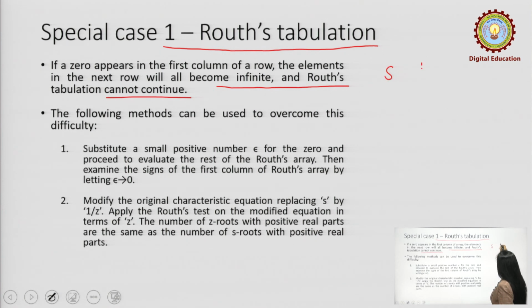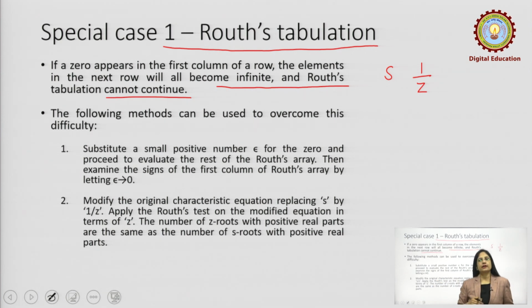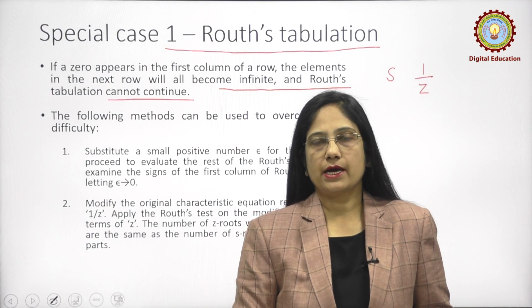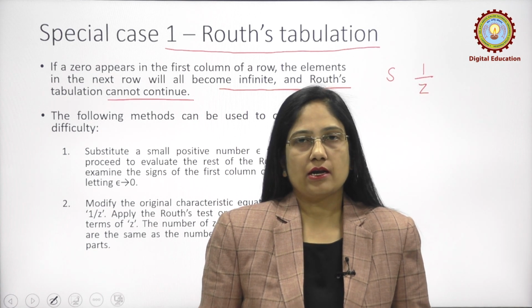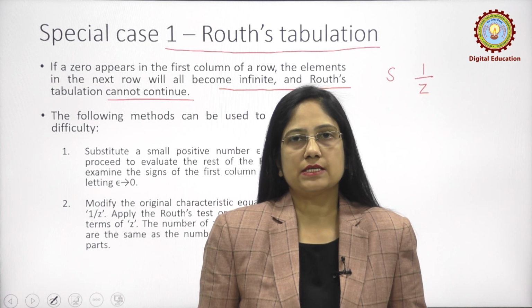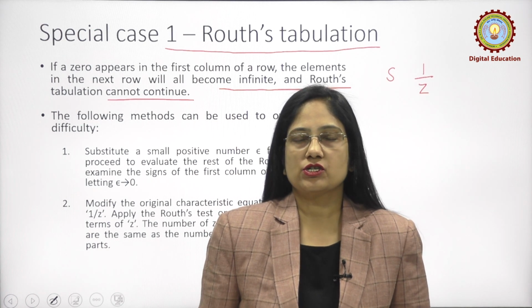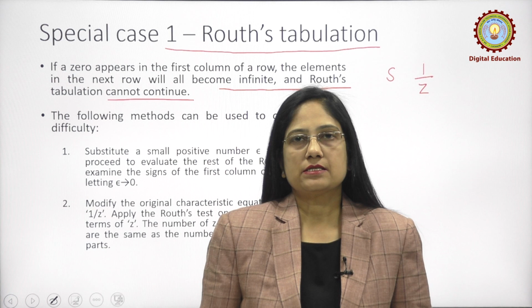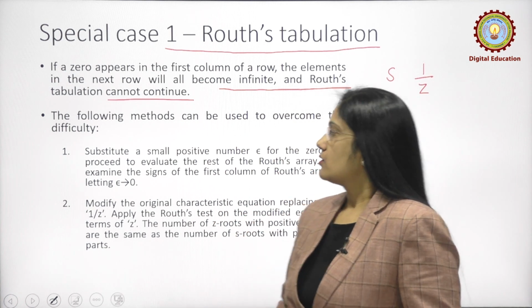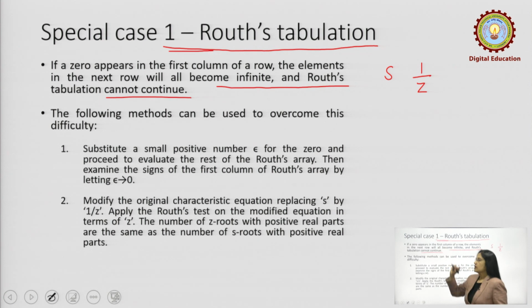So, wherever S is there, we replace it by 1/Z and rearrange, and a new characteristic equation is obtained with the coefficients of Z. Then we go ahead with the Routh's tabulation and apply the criterion to check whether the system is stable or not. So, this is how we can go ahead for special case 1 if a 0 appears in the first element of any row.